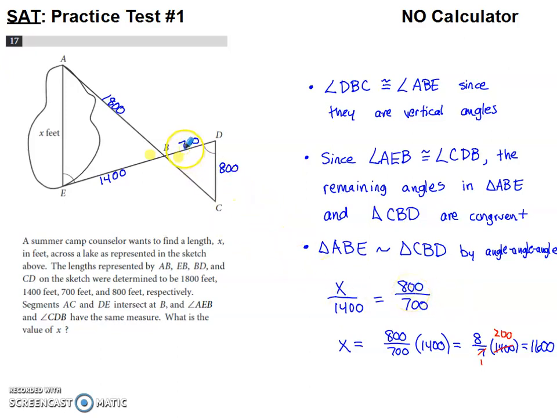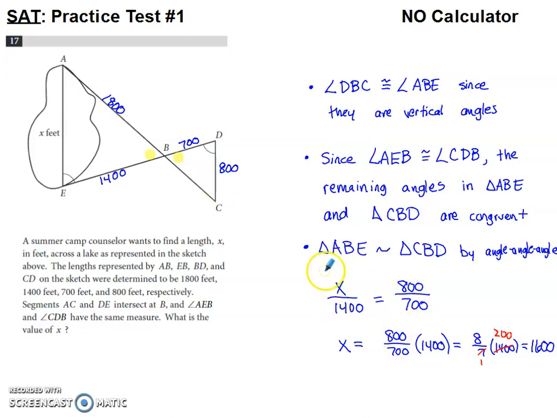So I did have to realize that the 1400 and the 700 corresponded to each other, because I get from this angle, angle E, that's congruent to angle D, I go from there to the vertical angle across that 1400 foot side, and I go from the congruent angle to angle E, or the corresponding angle to angle E on the smaller triangle, to the vertical angle across the 700 foot side. So the 1400 and the 700 correspond to each other.